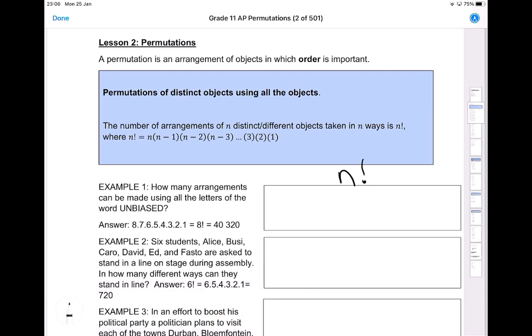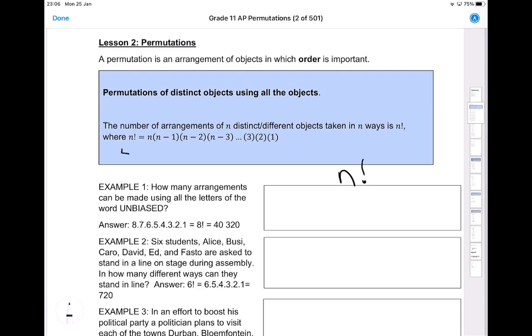N factorial means you are multiplying your numbers in descending order. These are natural numbers, the counting numbers. And so starting from n, you're multiplying these numbers right down to 1.